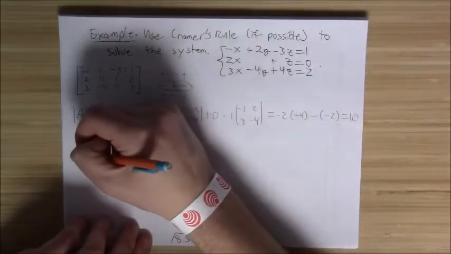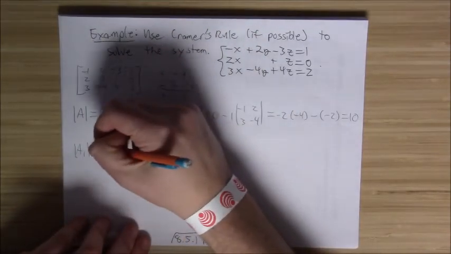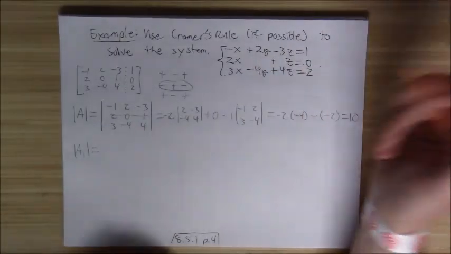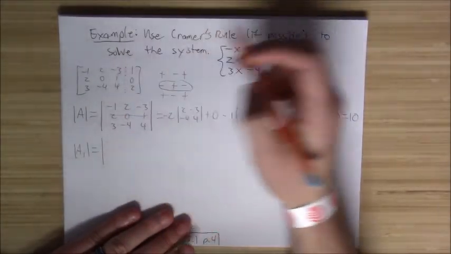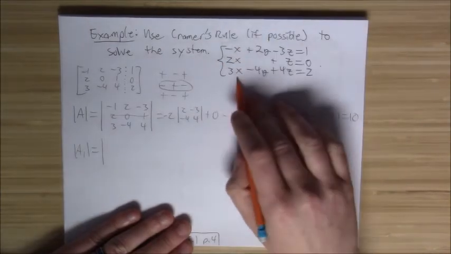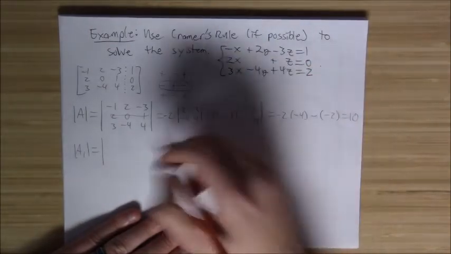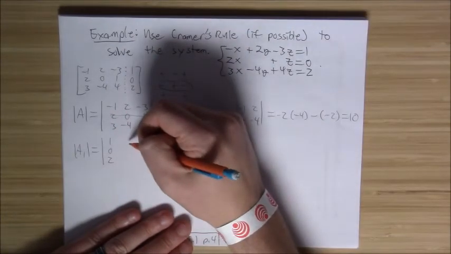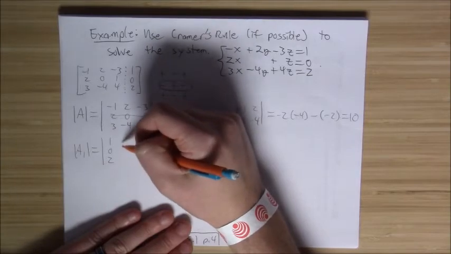Then I have A1. I can calculate similarly A2 and A3 as well. Calculating out A1, we're replacing the first column by the constants 1, 0, 2.